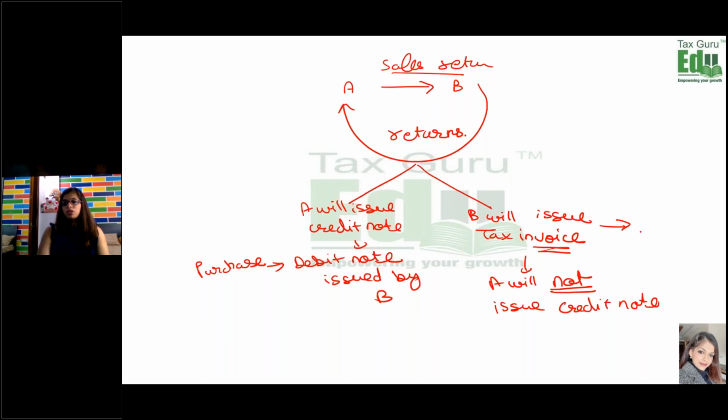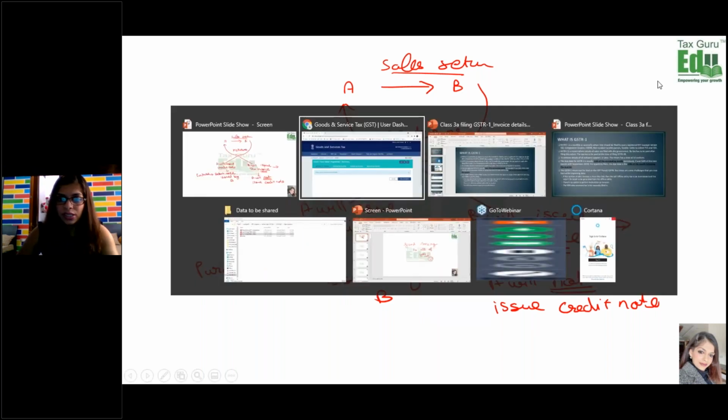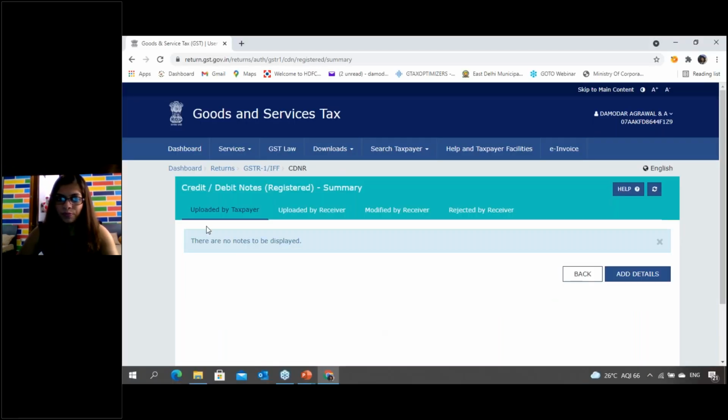It will reduce my GST liability, so I will not be raising a credit note. इसका फिर हम बुक्स में एडजस्टमेंट एंट्रीज पास करते हैं. We take the credits through the tax invoices which B has raised. We take the credits and then we pass journal entries and convert this purchase into sales return, because this is a sales return. And then reconciliations are required to explain why there is no GST on the sales return and all those things.